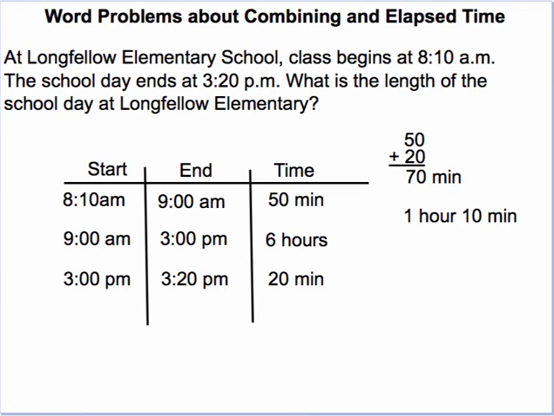Well, now I can add the 6 hours to that, and I can come up with 7 hours and 10 minutes that we are in school at Longfellow Elementary. Pause the video and write this strategy down.